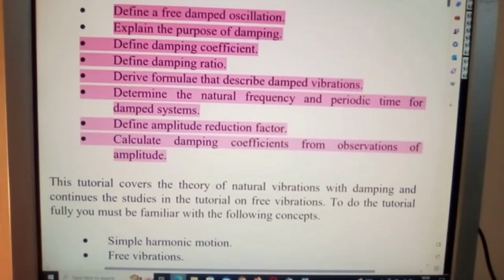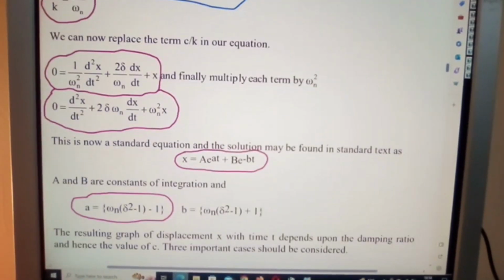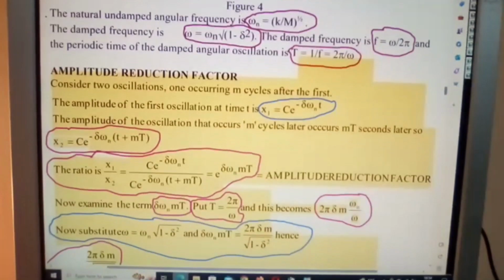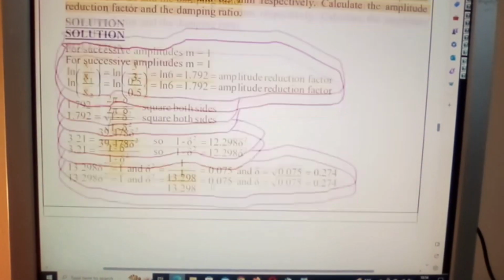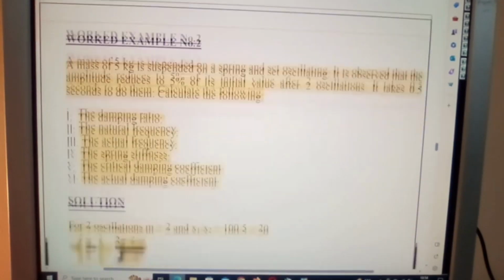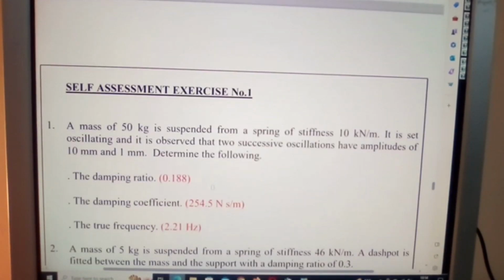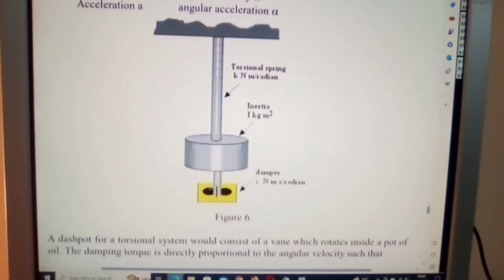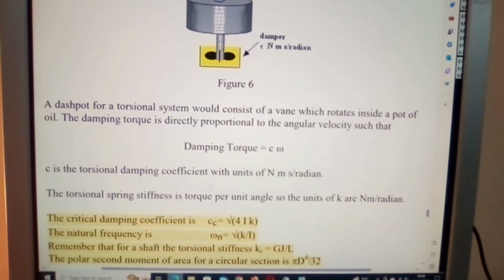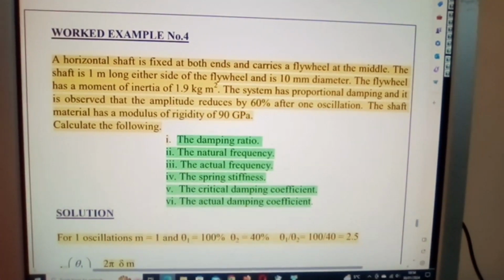Okay, and I'm here. Now, work example number 4, all yours.